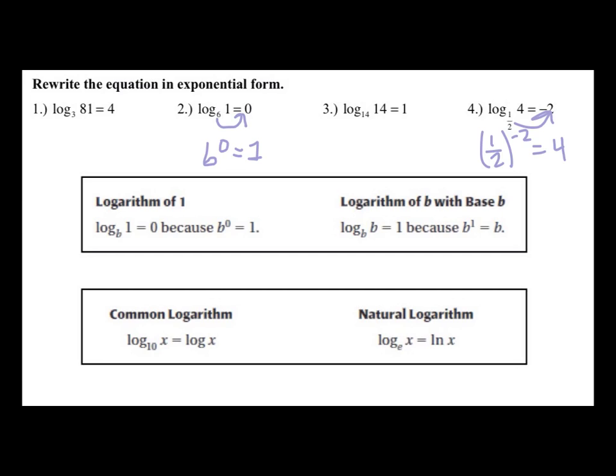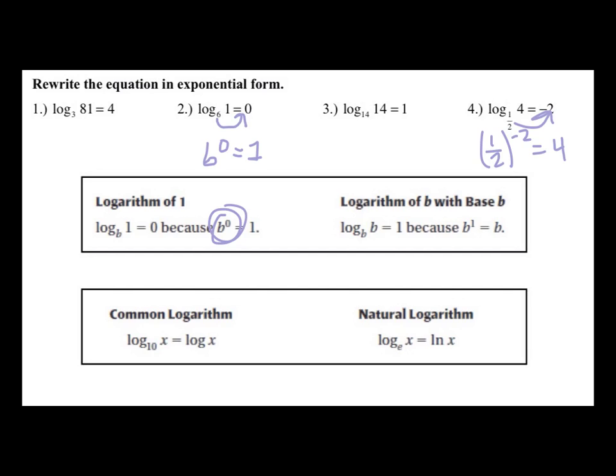So logarithms of 1 and logarithms of b with base b. What happens, guys, just like in number 2, anytime we have log base b of 1, it equals 0 because anything to the 0 power is 1. Now the new thing that you guys may not know is the logarithm of b with base b.